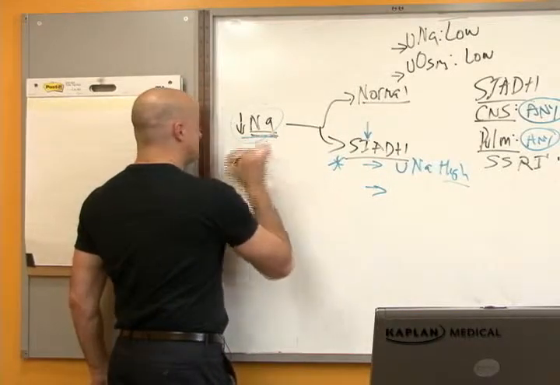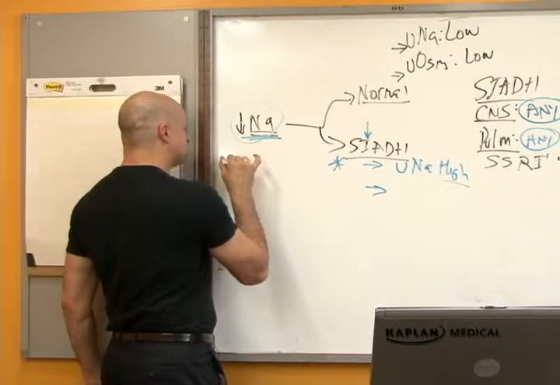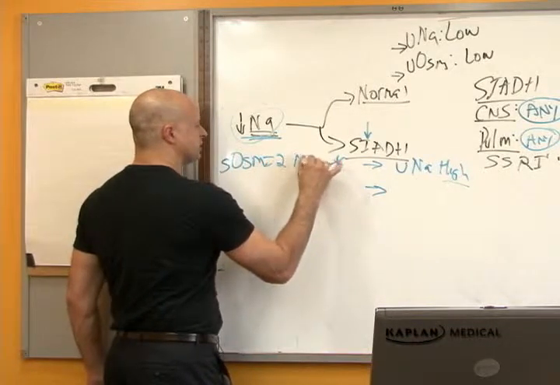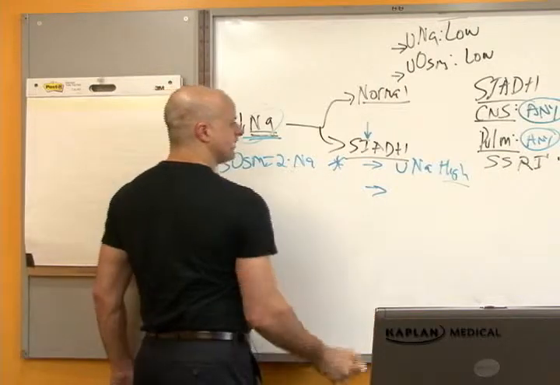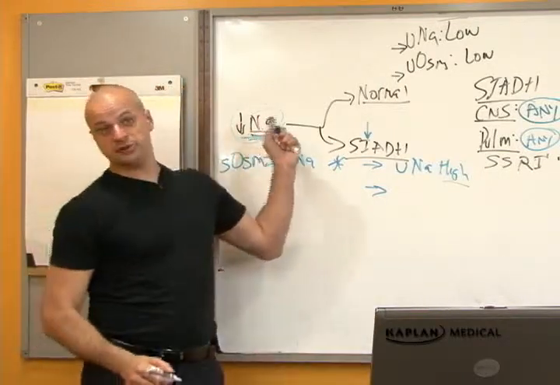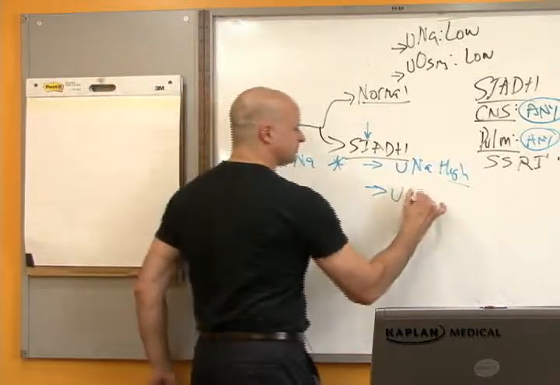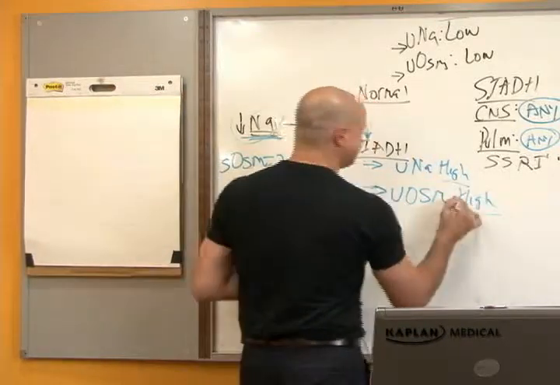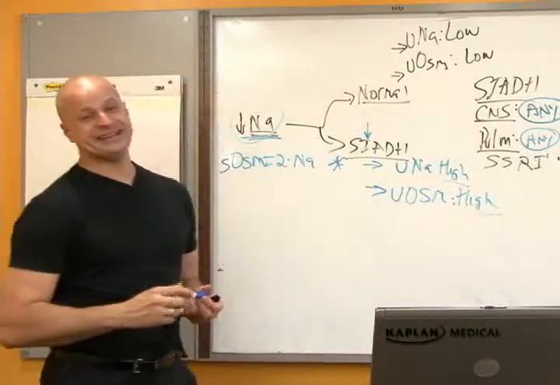We said that serum osmolality is basically equal to 2 times the sodium plus 10. If you have a low serum sodium, you should have a low urine osmolality, but instead they have a high urine osmolality, and that's the diagnosis. You ready?